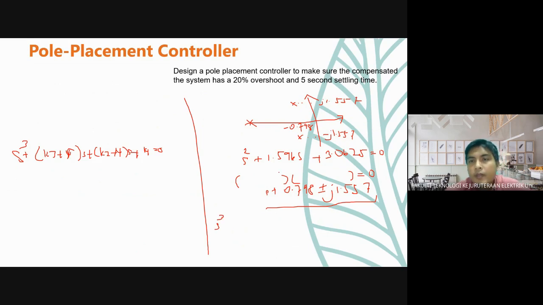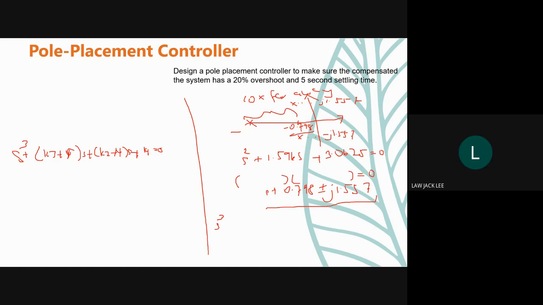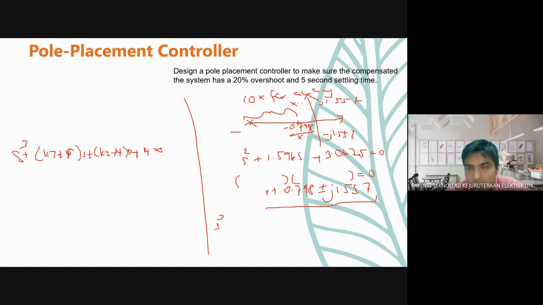Okay, so the rule is you need to choose the third pole must be 10 times far away. So based on this value, what is the third pole value that you need to put? Negative, what's the value there? According to this value, 10 times far away, so you mean that you need negative 7.98. Yes, that's correct.